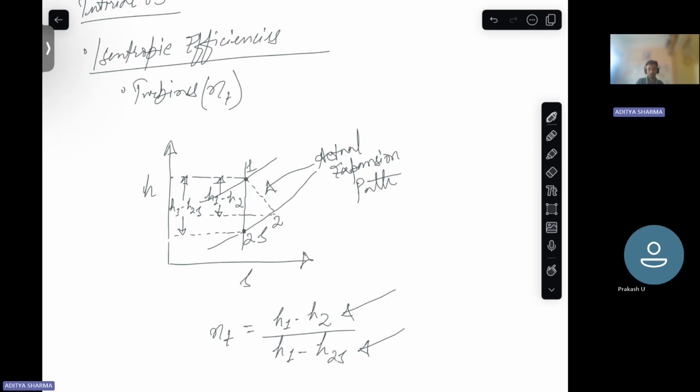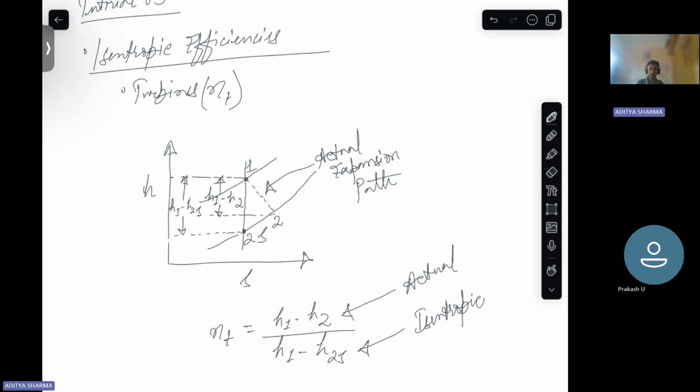The enthalpy change for the actual one is H1 minus H2, and for the isentropic case it is H1 minus H2s.